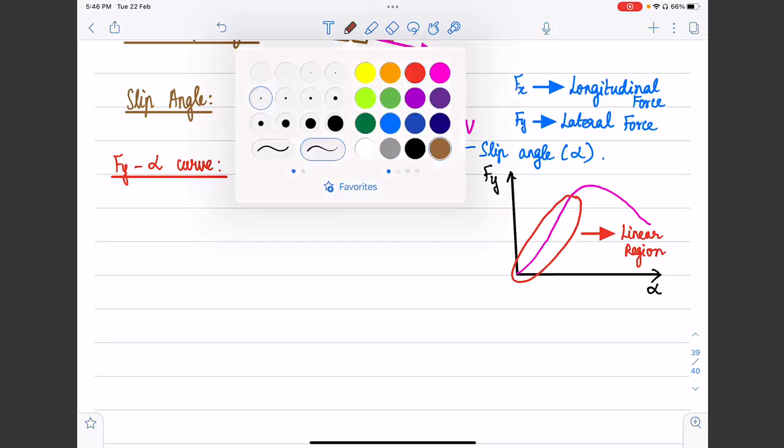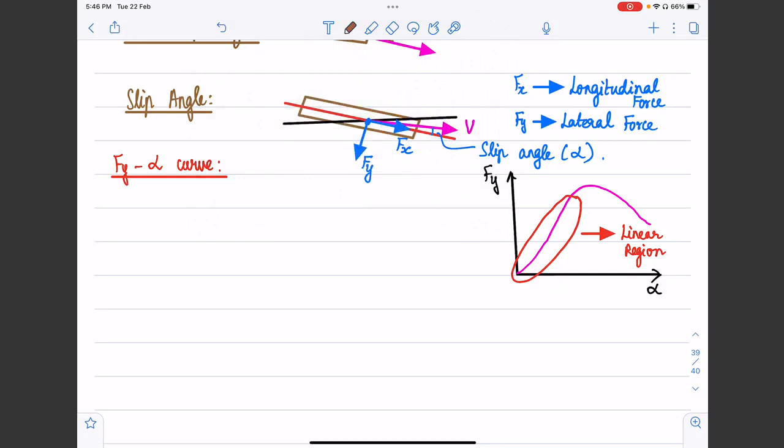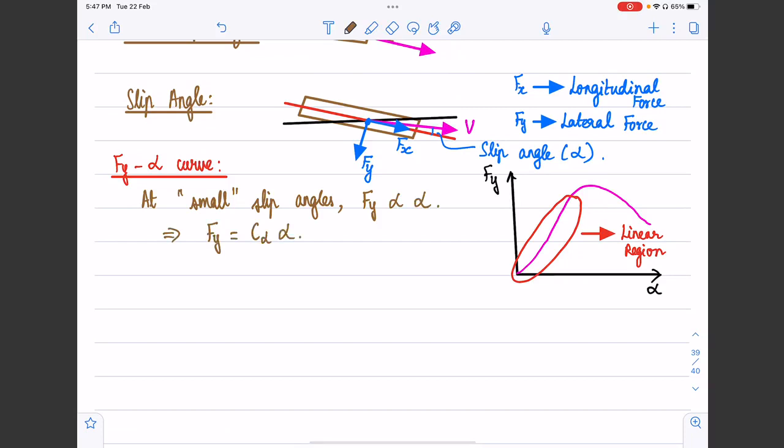Considering pure lateral slip and the linear region of operation at small slip angles, within quotes, of a few degrees, we can observe that the lateral force generated at the tire road interface is proportional to alpha. This implies that the lateral force can be written as some constant C alpha times alpha.